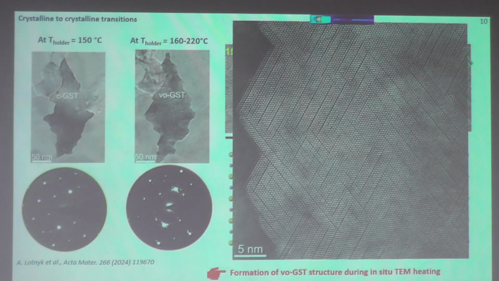This can also be nicely seen in the HAADF image. As I said, it's a more convenient method to observe the real crystal structure. And this is again this large grain, which transformed to the vacancy ordered phase. These dark lines in this image represent vacancies which are formed on a 111 plane, and this is another 111 plane in the cubic lattice.